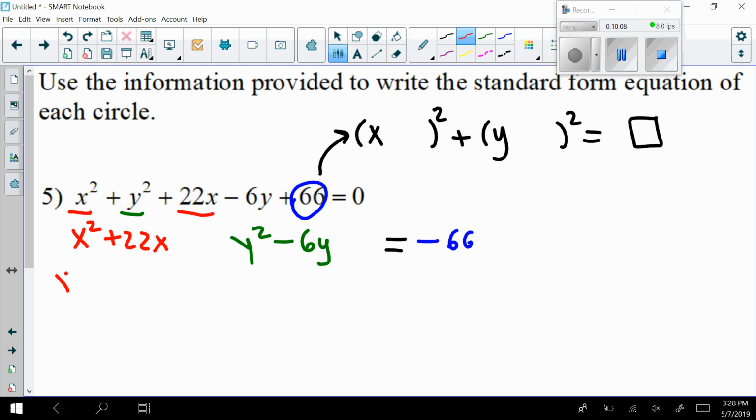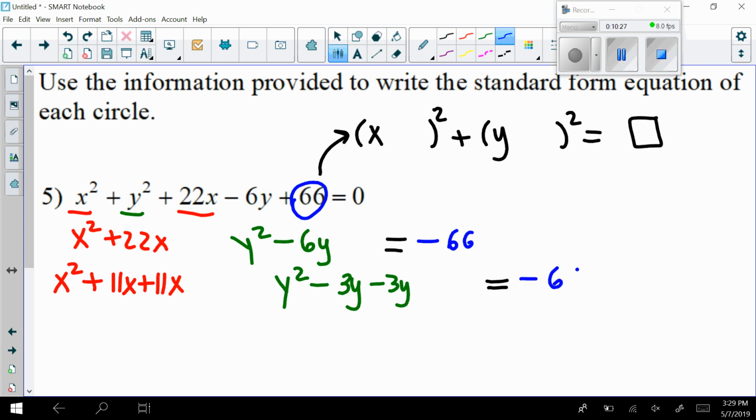So what I will want to do is break up my middle term into two equal parts. I'm going to do the same thing. So negative 6y gets broken up into negative 3y and negative 3y. Okay. Now, what happens is when we complete the square, right?